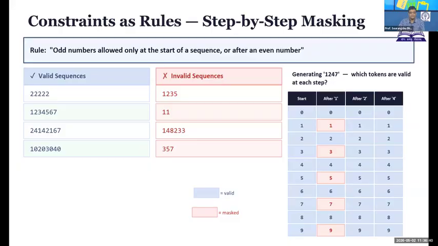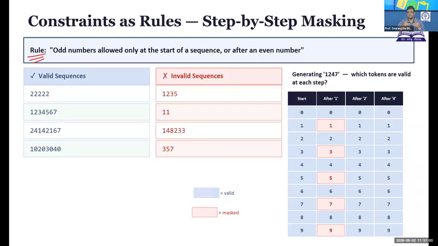Now the question will come, how did I choose that I will mask out those odd tokens? How will you choose what to mask out? You have to have a rule for that, right? It's a logic. It's not a probabilistic thing anymore.